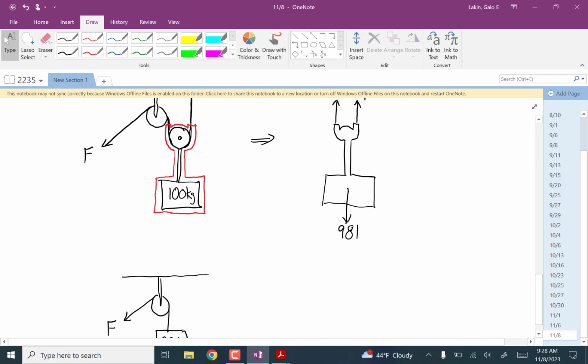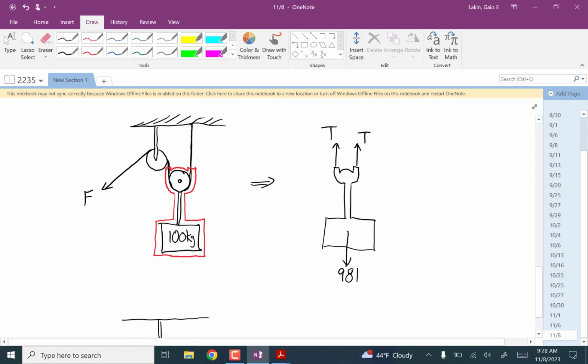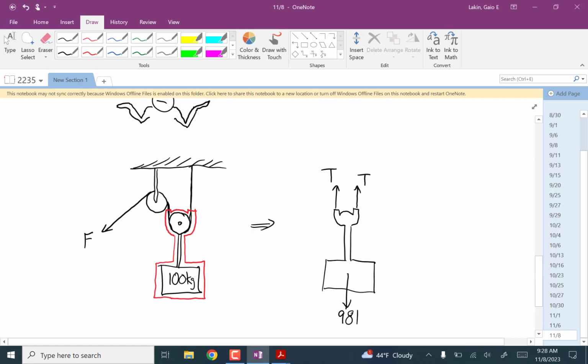Not if you're just holding it, but if you're going to lift this weight an inch, think of raising this 100 kilogram object 1 inch: you have to shorten each of the two sides of the cable going around that pulley an inch. And that means that you're actually pulling a distance of 2 inches.